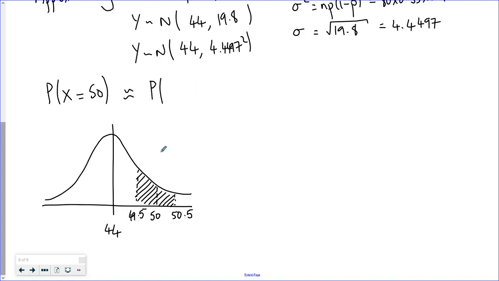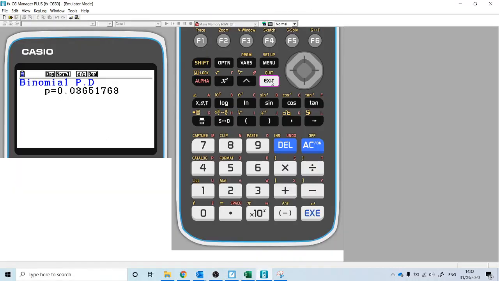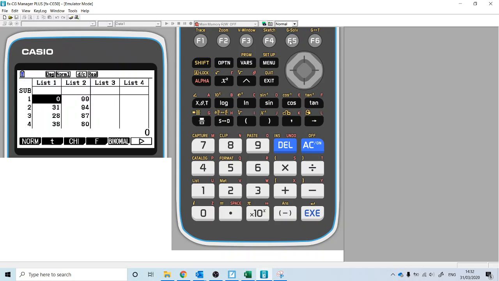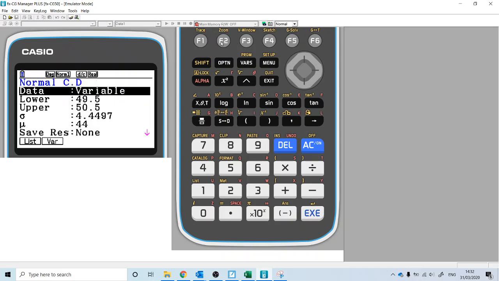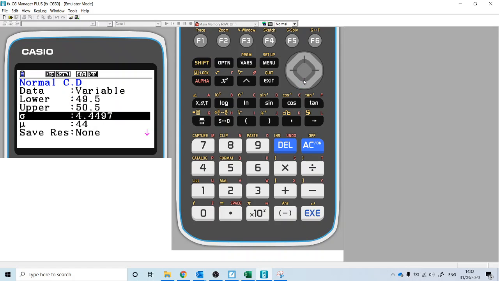So we want to work out the probability of y being greater than 49.5 and less than 50.5. And we can use our calculators to work out what this is. So if we go to normal distribution, CD, we're going to go lower is 49.5, upper is 50.5, and here we need to put in our standard deviation.